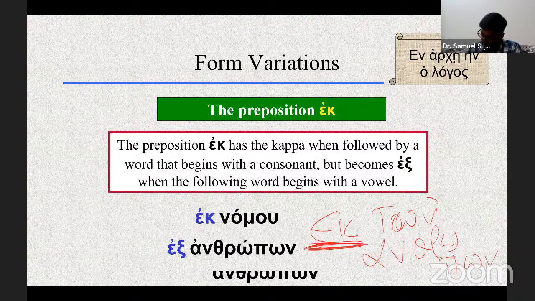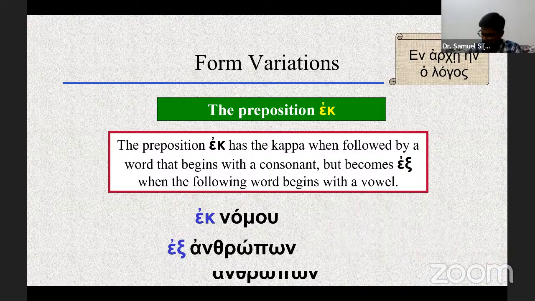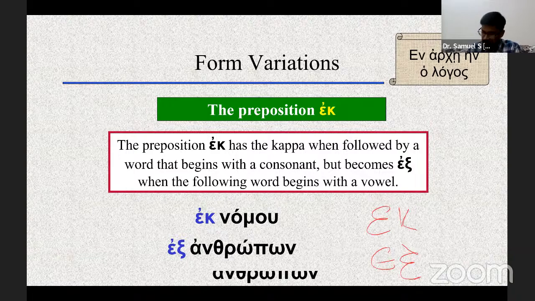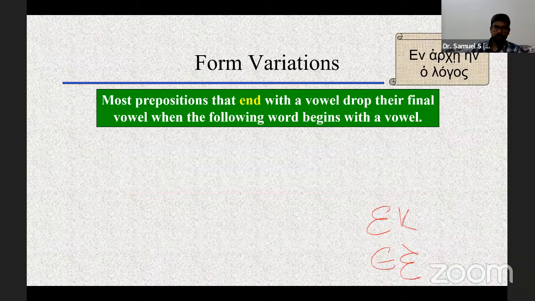Why? Because the tau is a consonant. But if it's no article, it becomes ex with a xi. So is there any change in the meaning of ek? Absolutely not. Whether it's ek or ex, it's the same meaning. It's just the form is different.